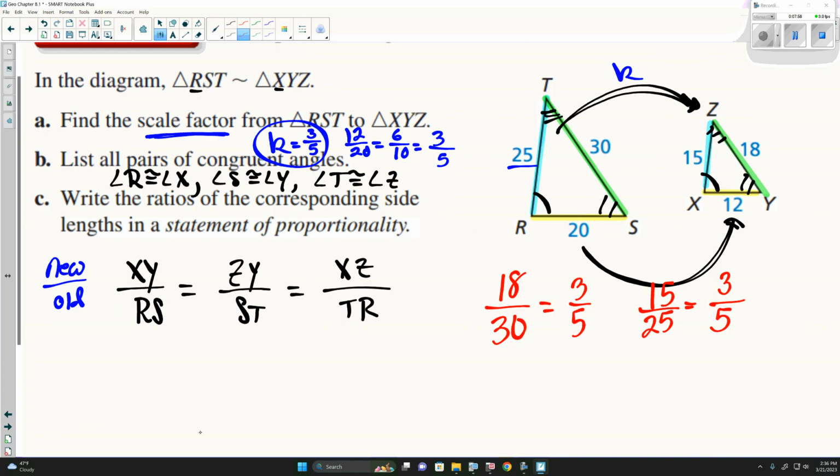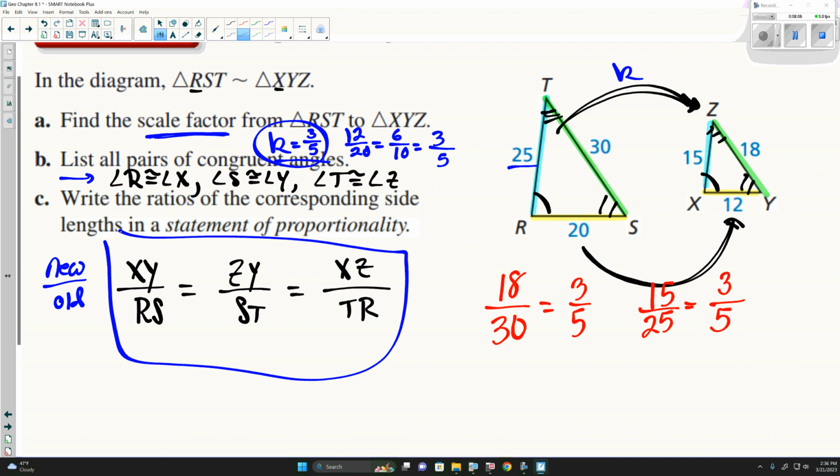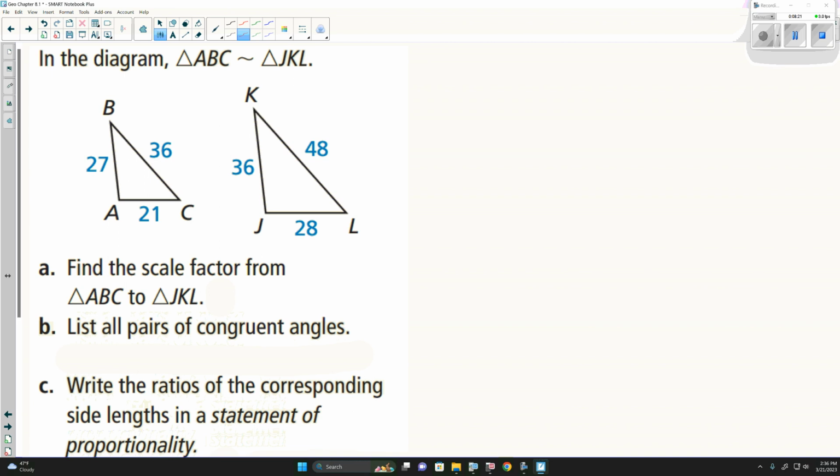So the scale factor for this is 3/5. These are our three congruent angles. And this is our statement of proportionality, or the ratio of the corresponding side lengths. Questions on any of this here? We're going to look at another one. In the diagram, ABC is similar to JKL.